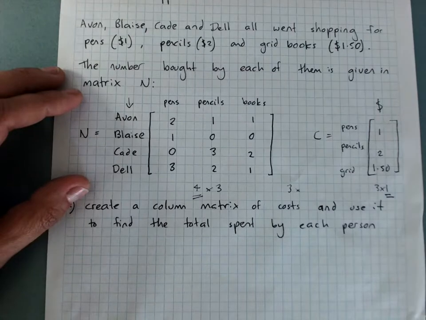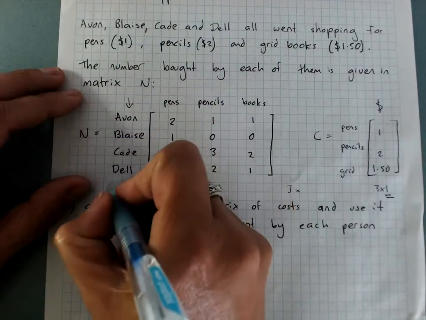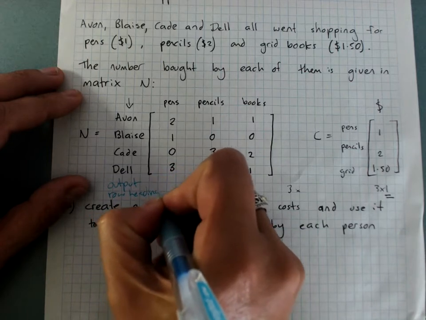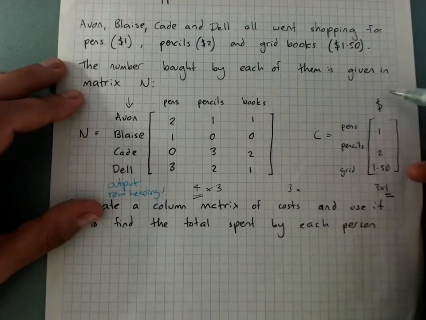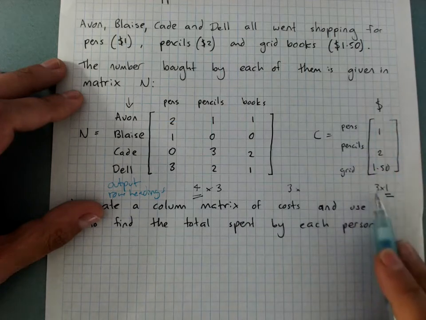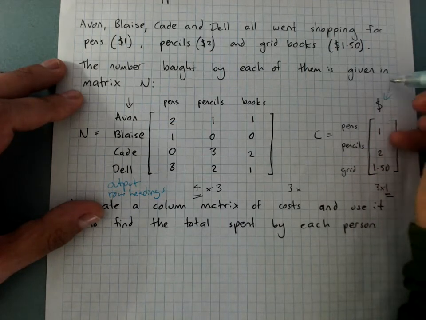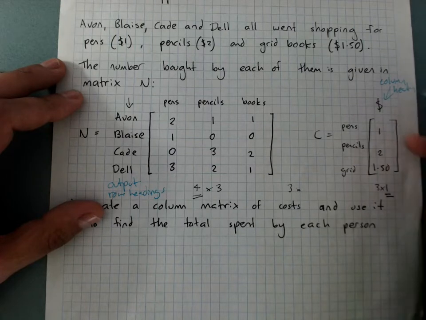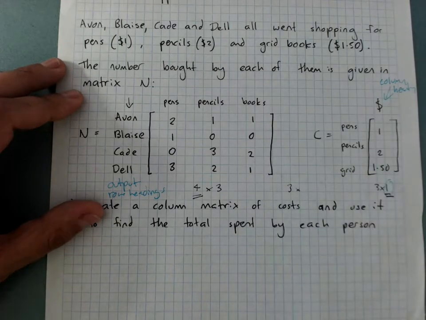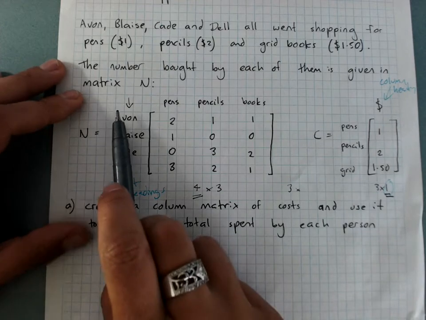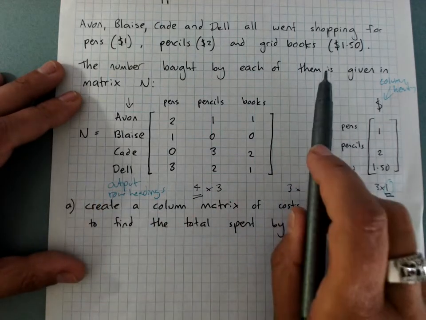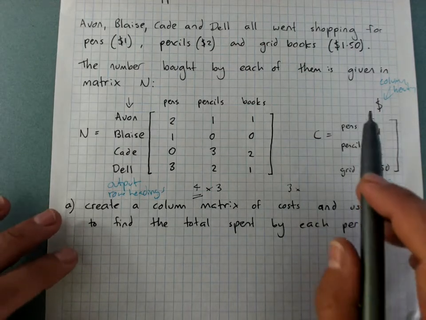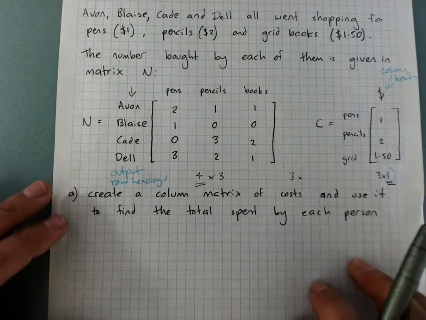And my second matrix that I'm multiplying by gives me my column heading of my output matrix. So this will give me the names and how much they spent, which is really quite handy.